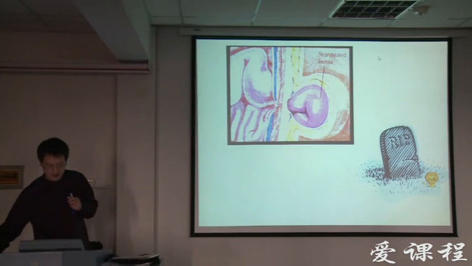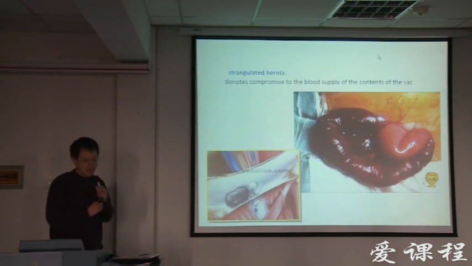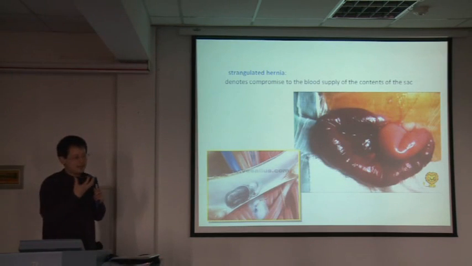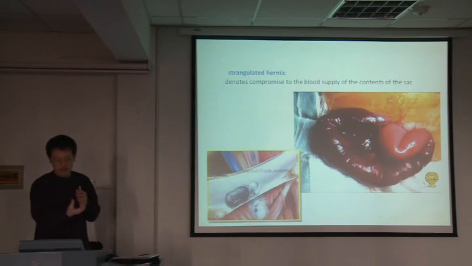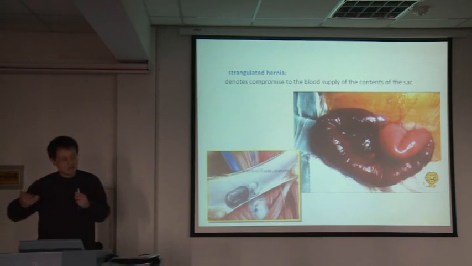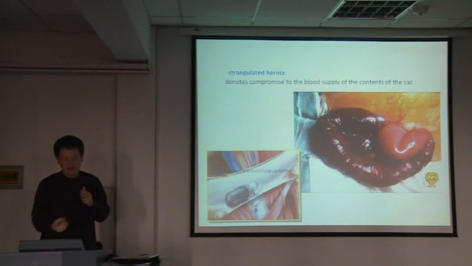Okay, this is another one, the strangulated hernia. So we turn to strangulated hernia. An incarcerated hernia will cause venous outflow obstruction, and then when time goes on, the incarceration will go on. It will cause the blood supply of the intestine, the artery, to be impaired.